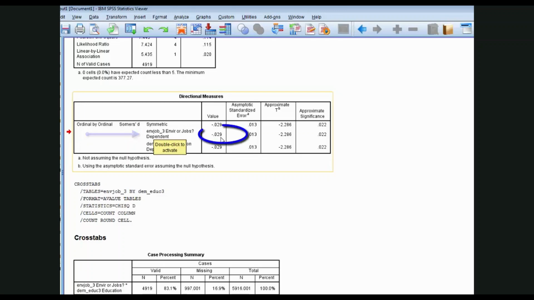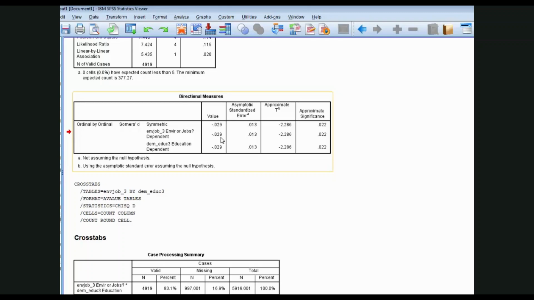This value, minus 0.029, what does this mean? Well, it's negative. It's a negative sign because increasing values of the independent, that is, increasing values from low education to high education, are weakly associated with declining values of the dependent, since the environment has a lower code than jobs.